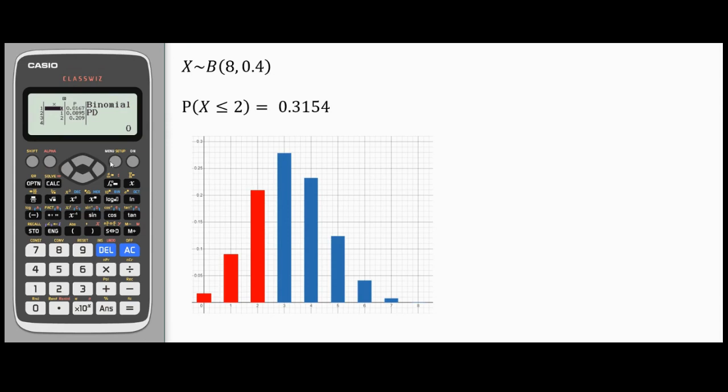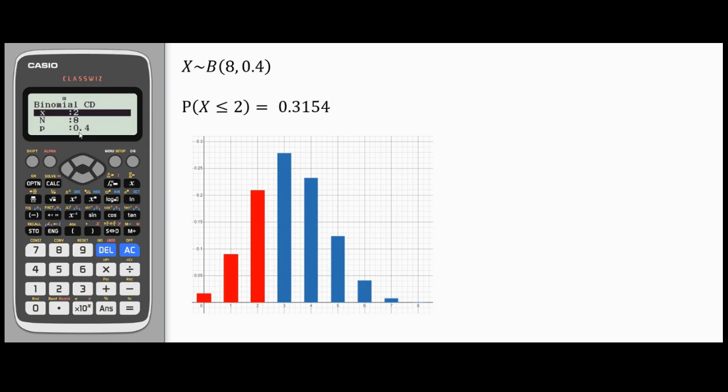So the best way to do this is go to distribution, but this time not binomial P&D, but binomial C&D, which is on the next screen, option number 1. Again, I have list and variable. I'm going to select variable, which is 2. Now I'm being asked for an input. X is 2. It's already there.